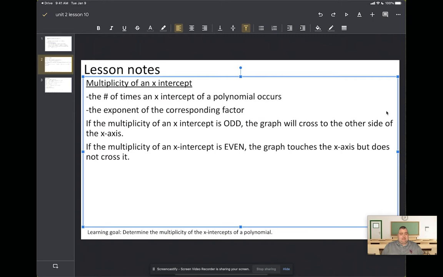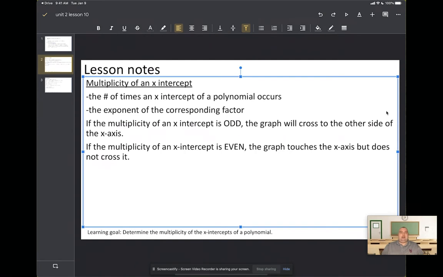significant is that if it's odd, the graph will cross to the other side of the x-axis. If the multiplicity of an x-intercept is even, it will still touch the x-axis, but it will not cross to the other side.